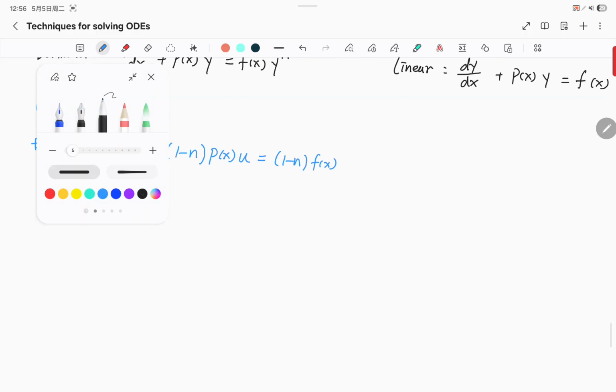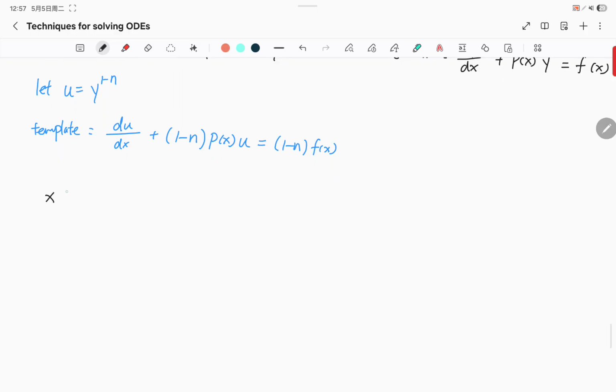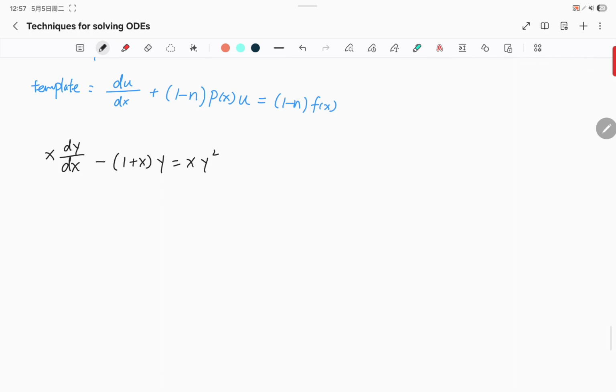So let's do an example. We can tell that this is a Bernoulli equation because we have y to the power of 2, y squared.